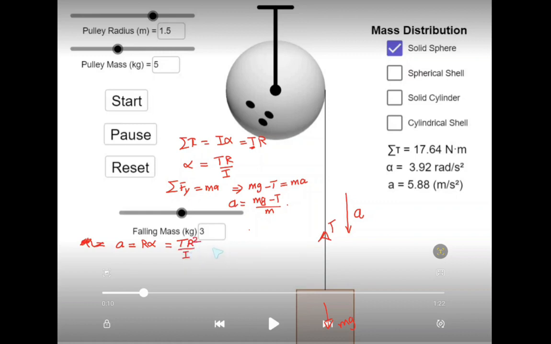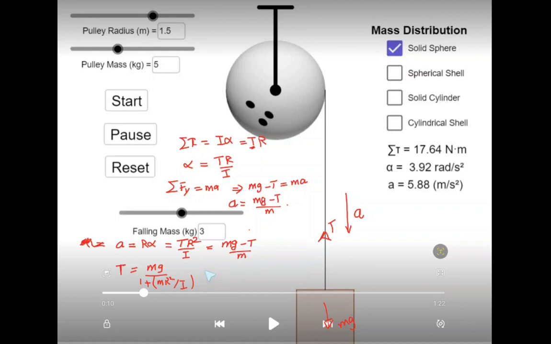In other words, mg minus tension over m. You solve this one here, you will find that the tension is equal to mg divided by 1 plus m r square divided by I. M in this case is the object mass, and R is the pulley radius.